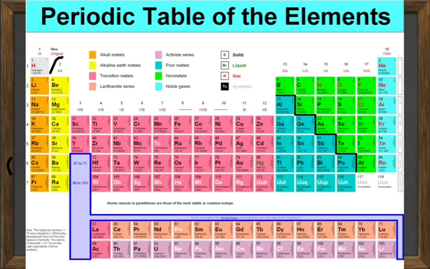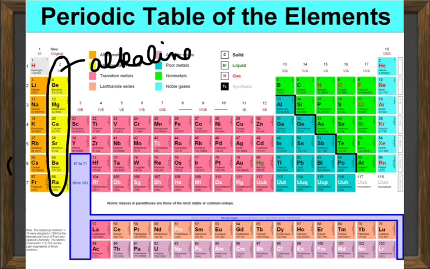The elements of group 2, starting at beryllium at the top, down to radium at the bottom, these are known as alkaline earth metals. And we've already covered those shown here in pink. Those are all known as transition metals.